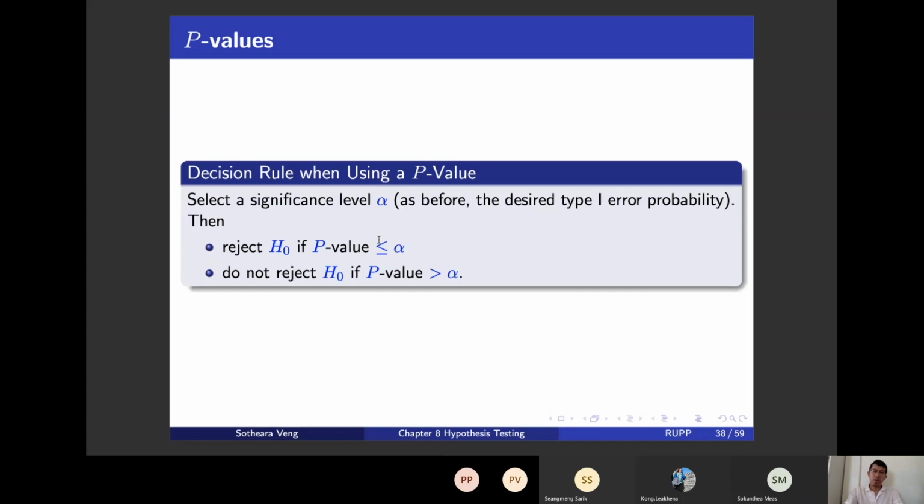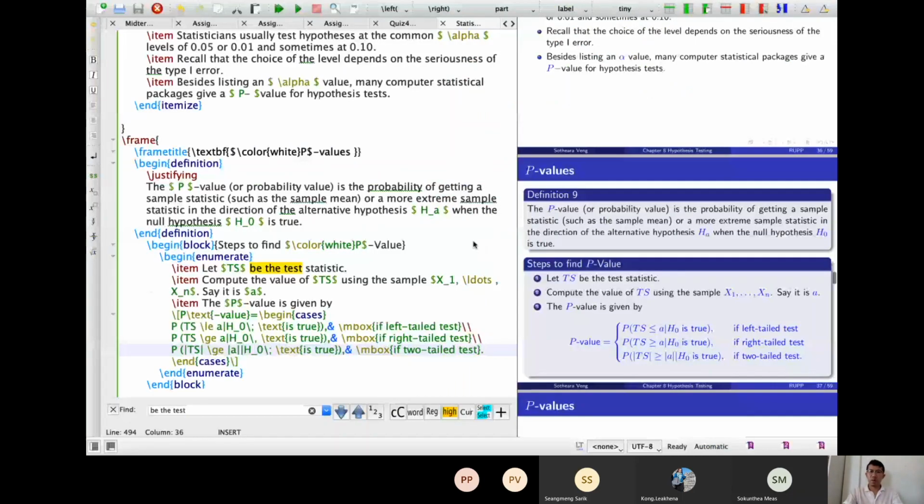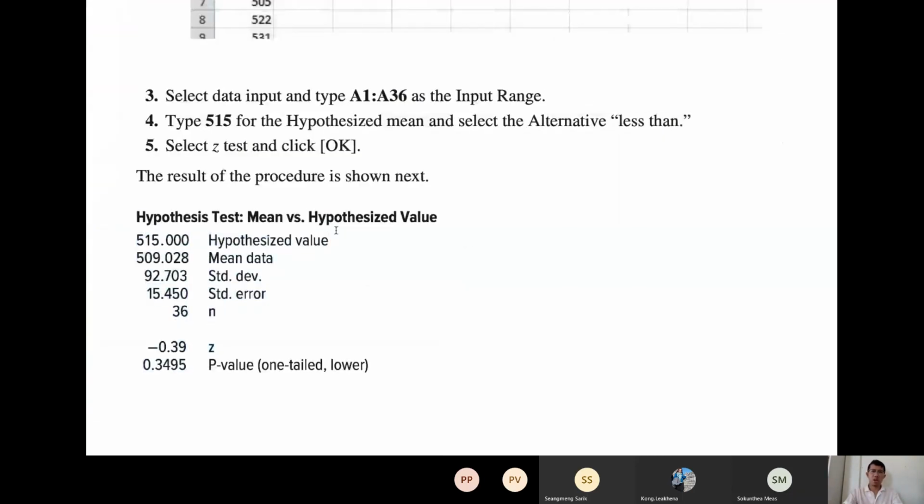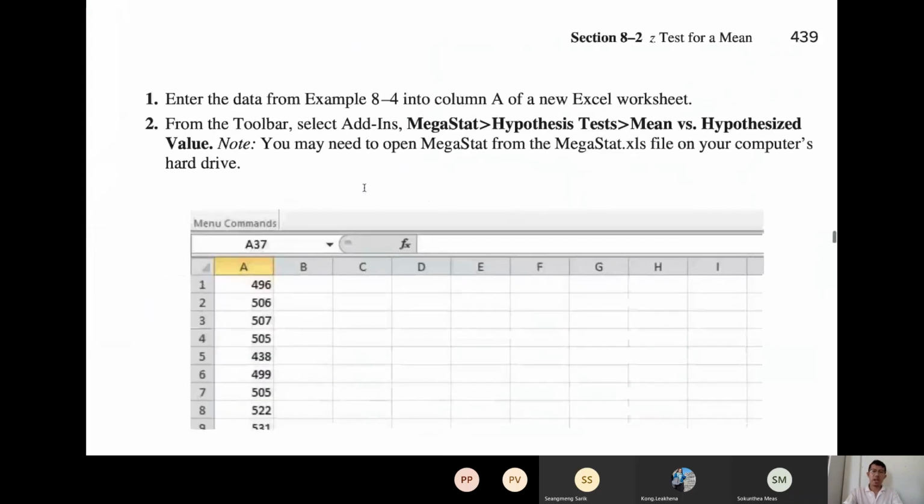We need p-value because mostly statistical software will print out the p-value. Okay. So for example, here we run it in Excel.